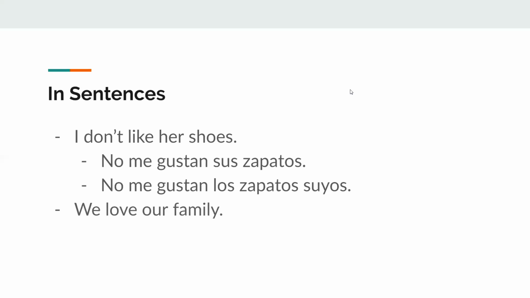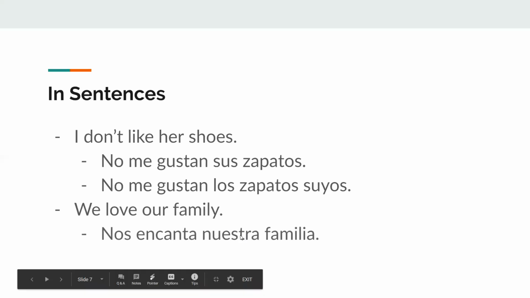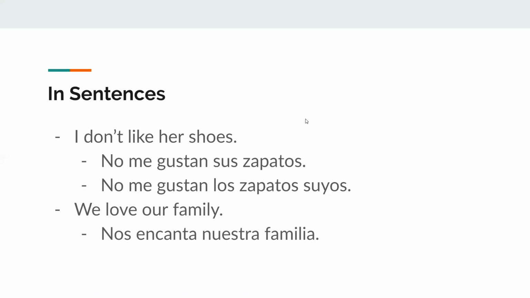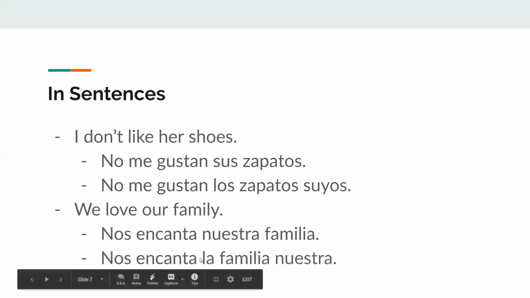The second sentence, we love our family. The old way would be nos encanta nuestra familia, nuestra being our possessive. And the new way being nos encanta la familia nuestra, using this new stressed possessive nuestra, which actually happens to be the same as the old one. The only thing different about this one is the order that you go in.